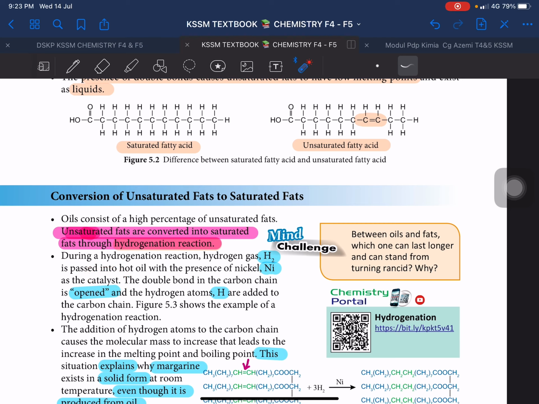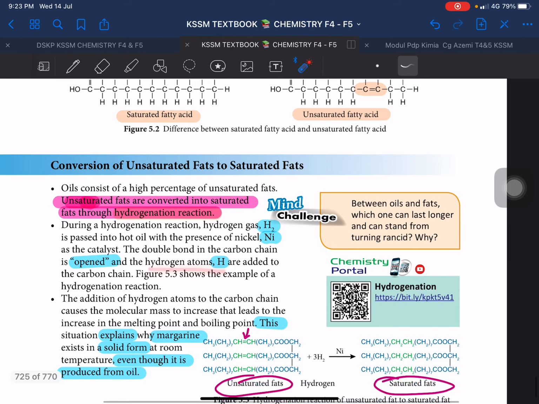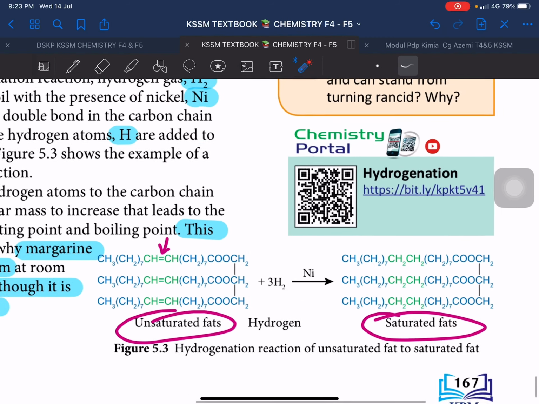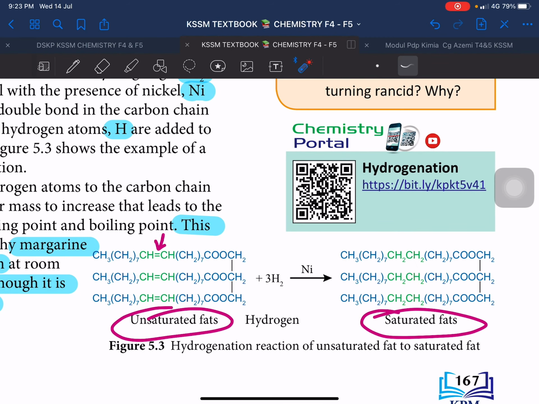So what happened? The double bond in the carbon chain, the double bond is open, dibukalah, and the hydrogen are added. So pendek kata macam begini. This is the picture of it, okay? Now, this is hydrogenation reaction of unsaturated fat oil to saturated fat. Tengok ni, unsaturated fat kan ada double bond.